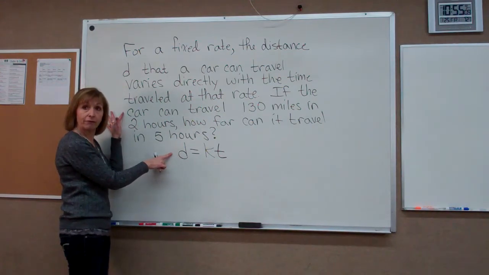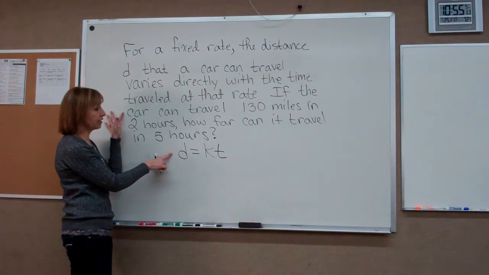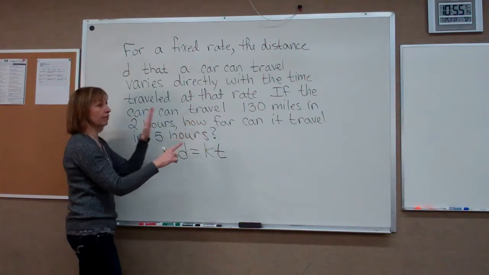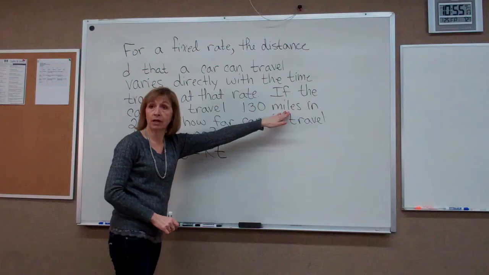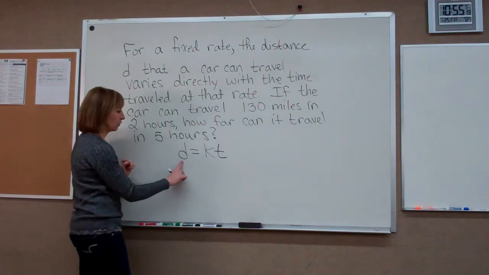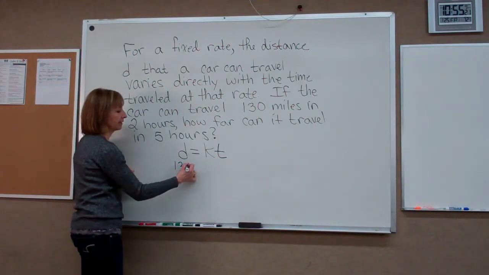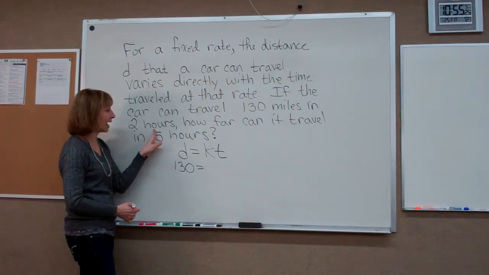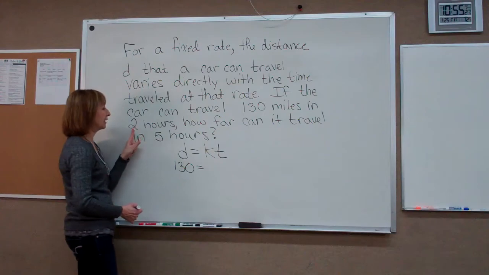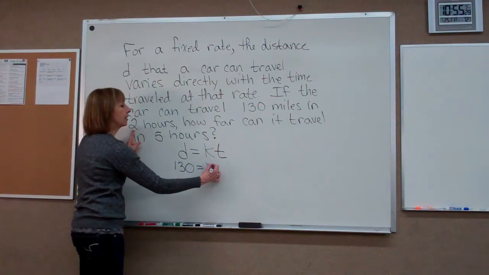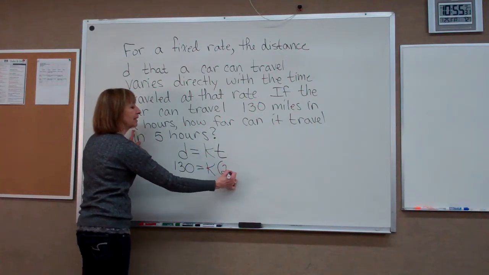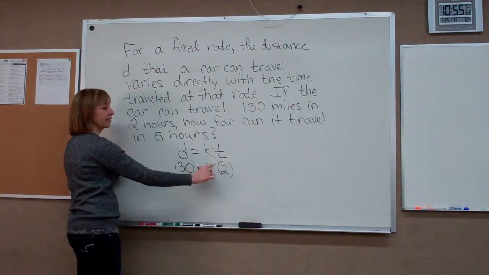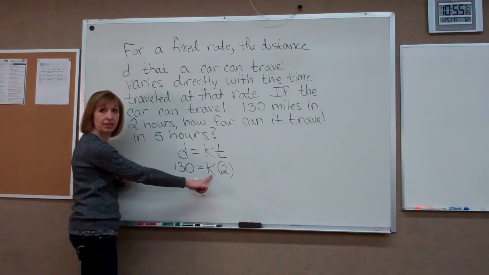Now we're going to set up a full set of information in order to solve for our constant of variation. It says if the car can travel 130 miles, well, 130 miles is a distance, so we'll put that in the distance side. In 2 hours, 2 hours is a time, so I'll go ahead and put in our 2 hours for our time t. And notice the constant of proportionality or variation stays k.